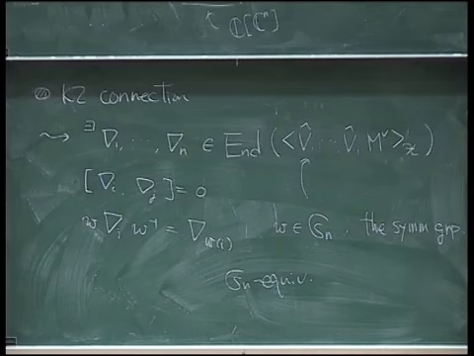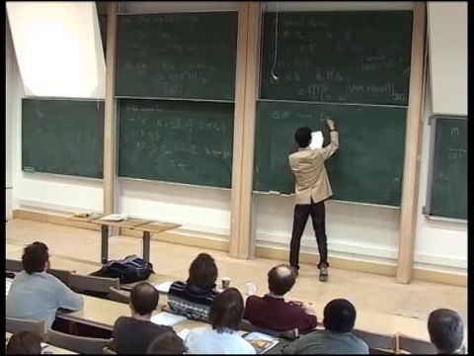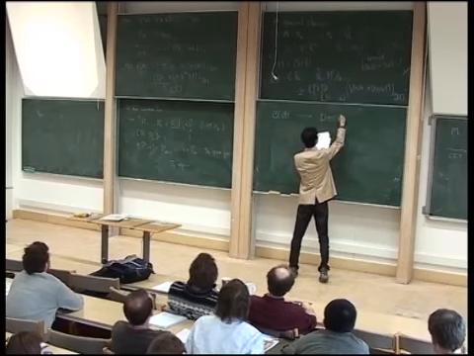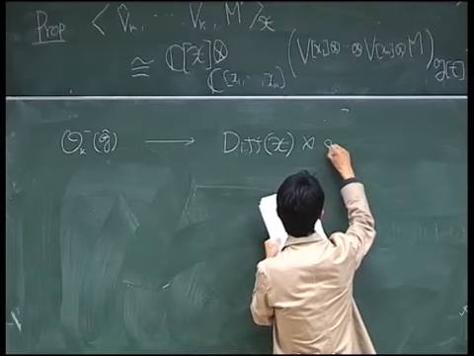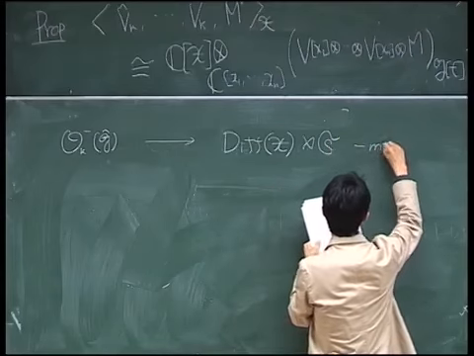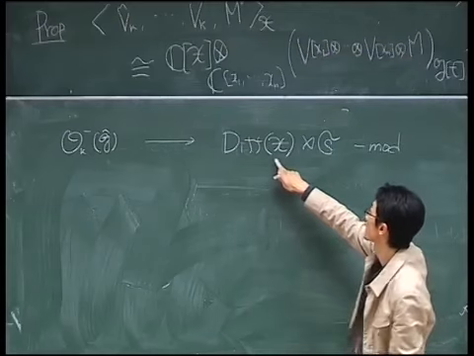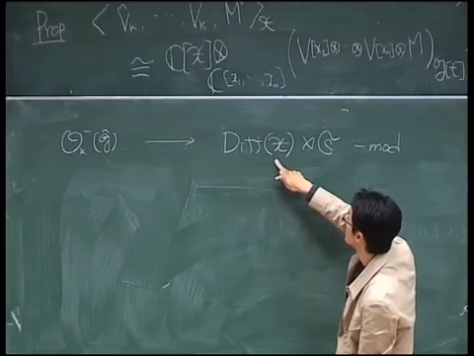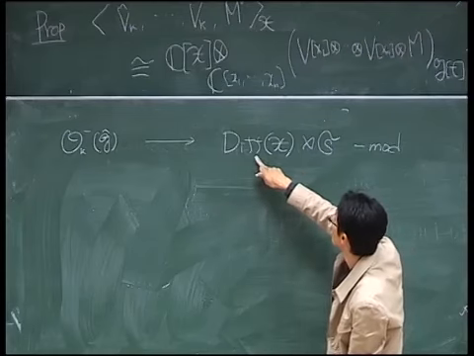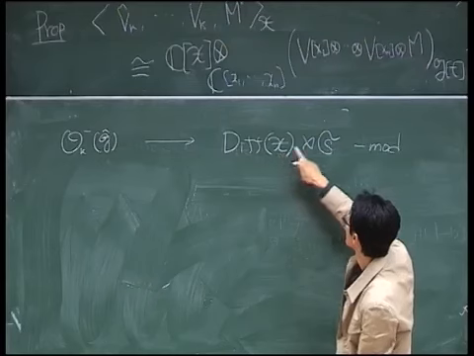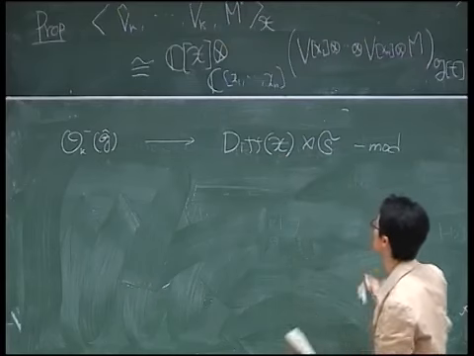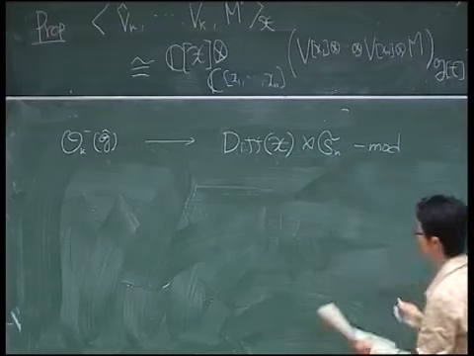So we have obtained an Sn equivariant vector bundle, or in particular, we obtained a module of this algebra.